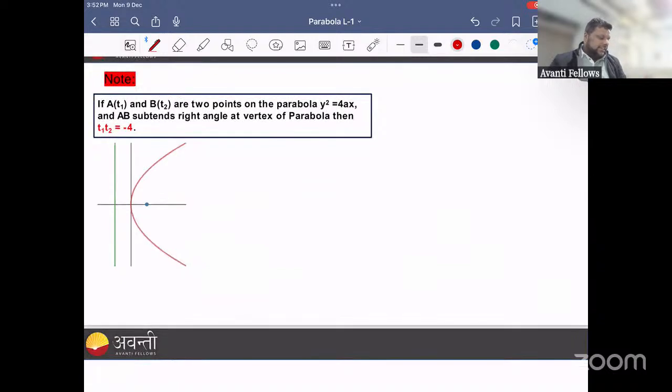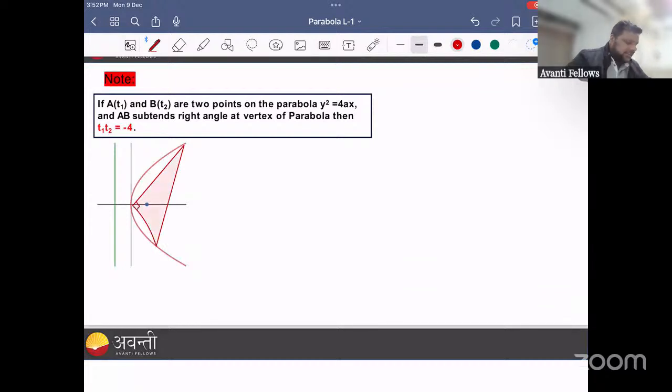Now see the next thing. If (a t1 square, 2a t1) and (a t2 square, 2a t2) are 2 points on the parabola y square equals 4ax, and AB subtends a right angle at the vertex of the parabola, then t1 t2 is what? Now see, there is a chord, and this chord is subtending 90 degrees at the vertex.